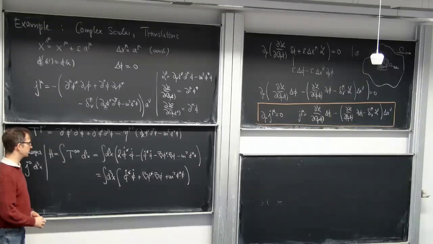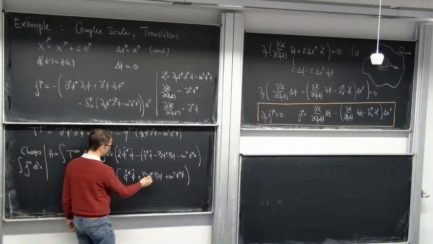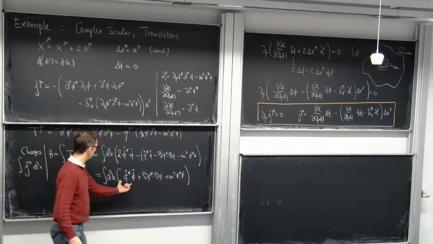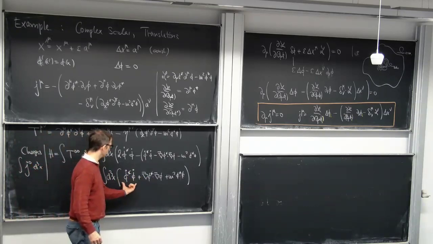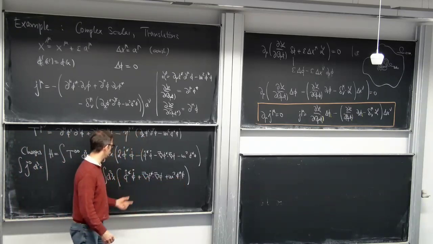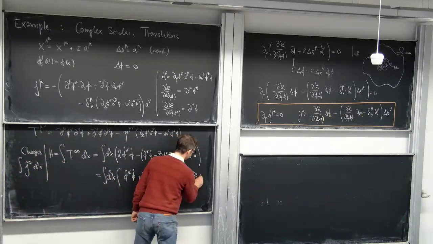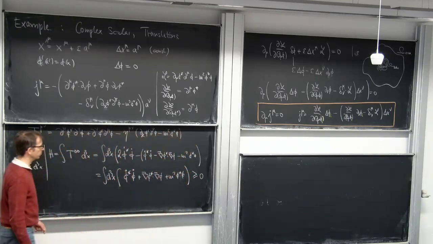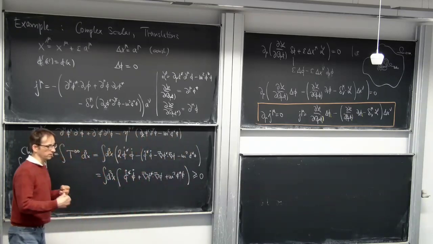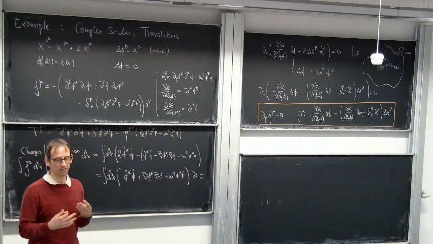And what is nice to notice is that it's all positive, these are squares. Absolute value squared of the phi dot, absolute value squared of the gradient, absolute value squared of phi itself. So this is certainly positive, it's only zero if there's no field at all. As soon as there's a little bit here, it gives you something. So there's nothing negative. This is the good news.